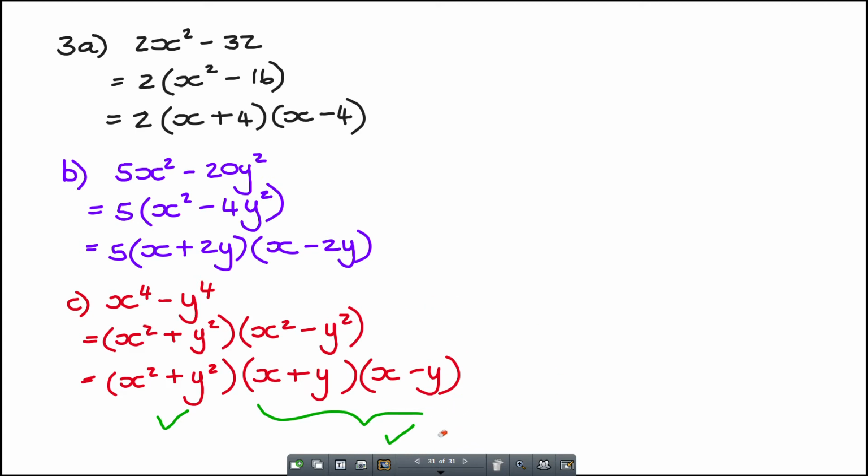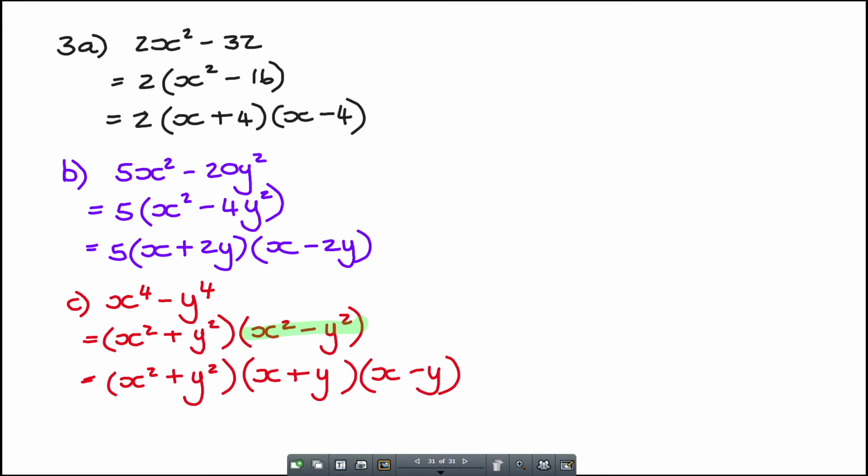You stopped over here. You can go further because that I can do difference in 2 squares.